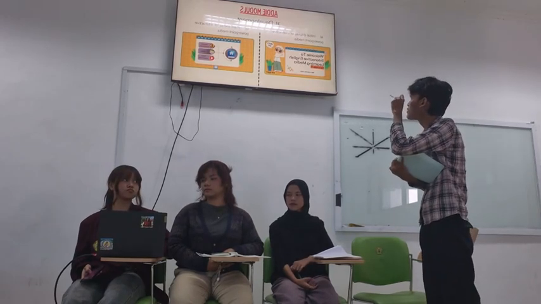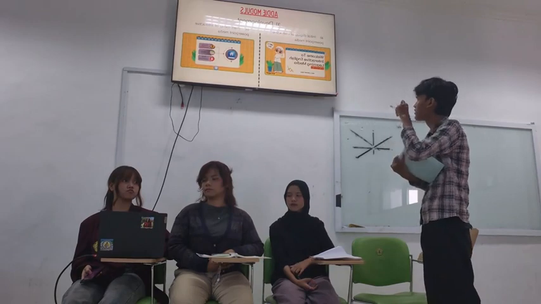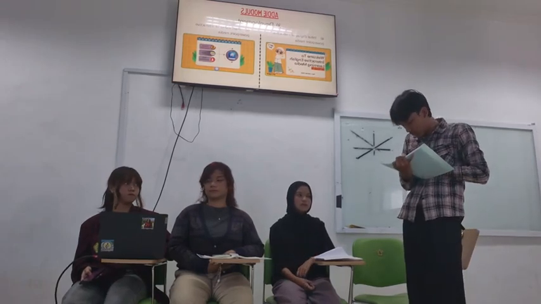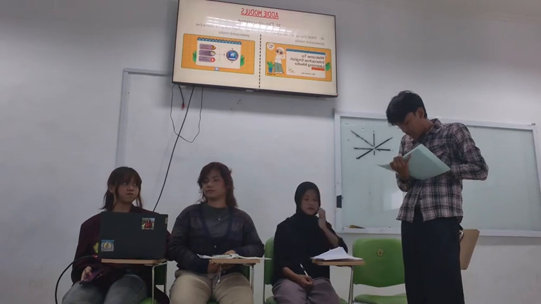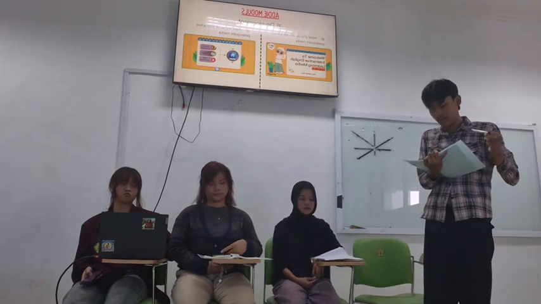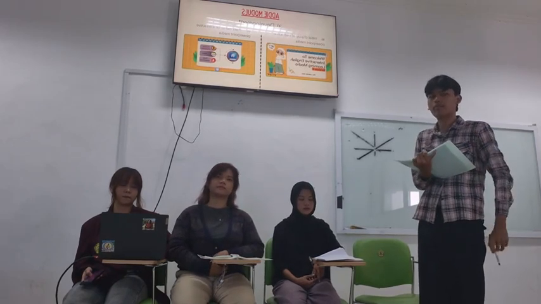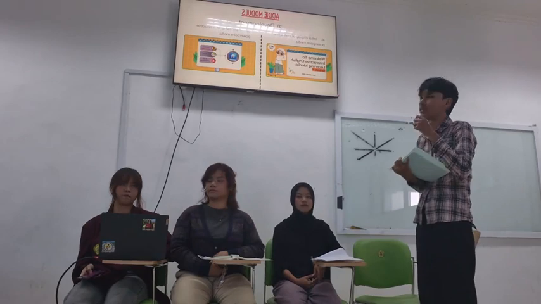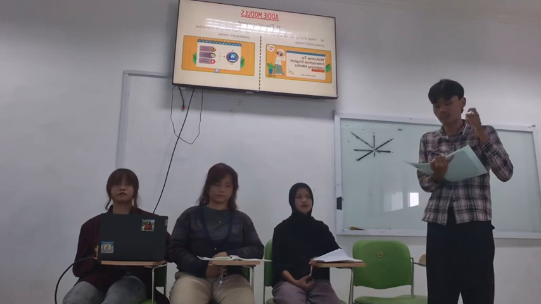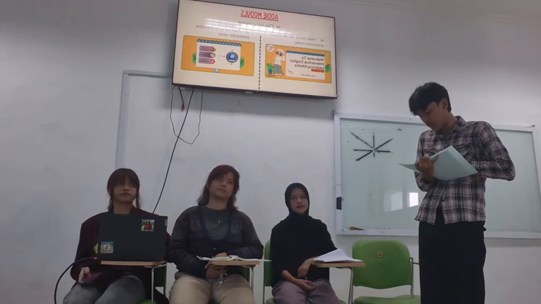The second is B, the main menu of the interactive PowerPoint media, which consists of the menu, the guideline and how we use it, and then the material. Last is the profile. So it's like a guideline for how the interactive media actually runs.